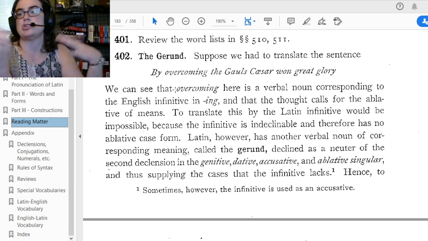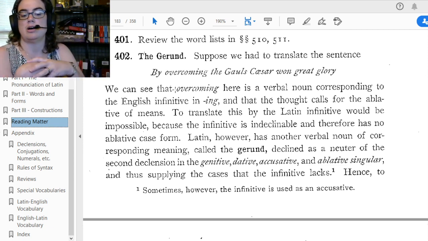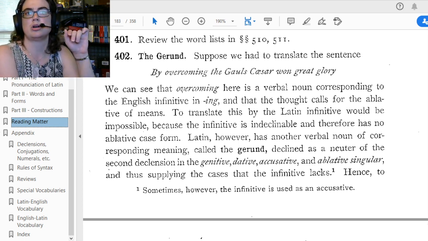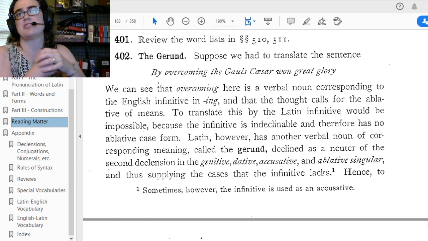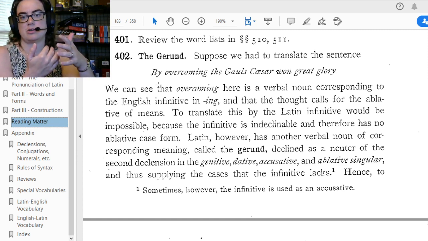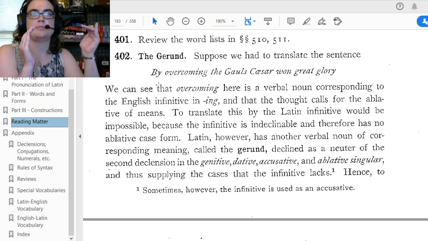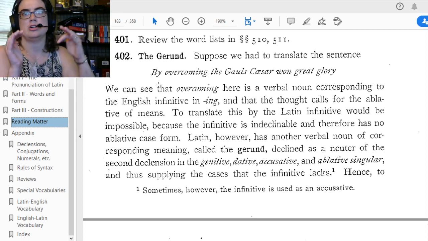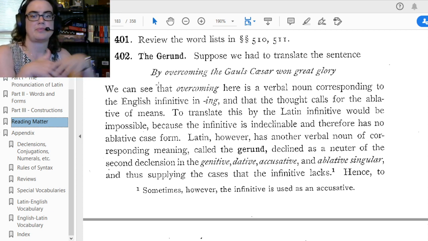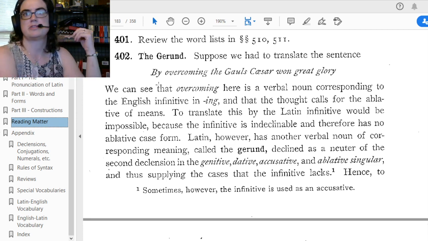The infinitive is used for the nominative. So it's just this little language quirk. And as the note says, sometimes the infinitive is used as an accusative. So infinitive can either be nominative or accusative. Gerund gets used for everything else. And sometimes the accusative.